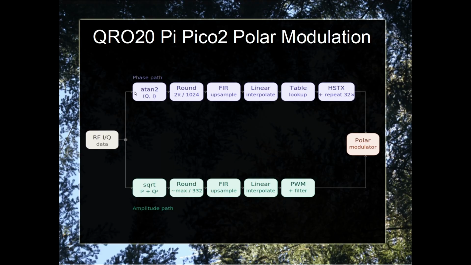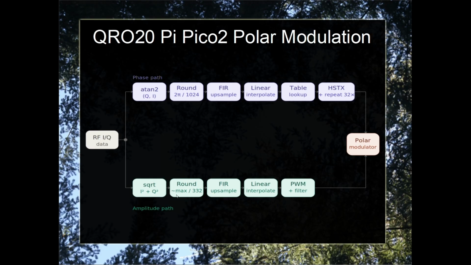For the phase path, the first step is we are going to round it to a 10-bit value, which will then get upsampled using a FIR filter, interpolated, sent to a lookup table, and then to the HSTX port on the Pico2. For the amplitude path, again on the PC, we're going to convert it to amplitude.